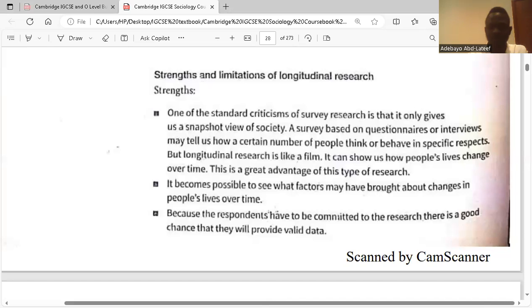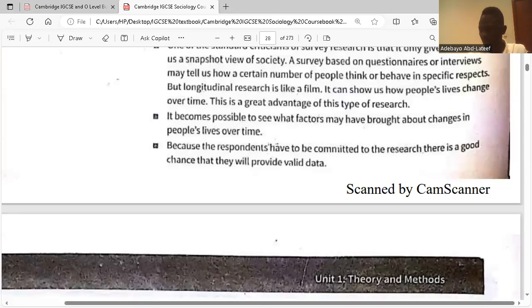Is it clear? Yes. The third point, due to commitment of respondents, there's a possibility of getting valid data. In such research, people know that they are being observed. They know that they are participating in a research. You can't do this for a long period of time without them knowing. Because they know and they are committed to the time, they might give you valid information.